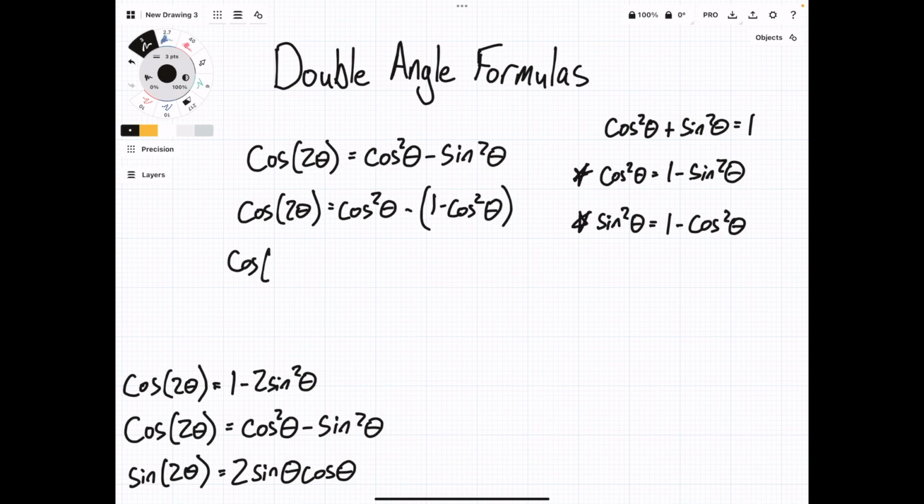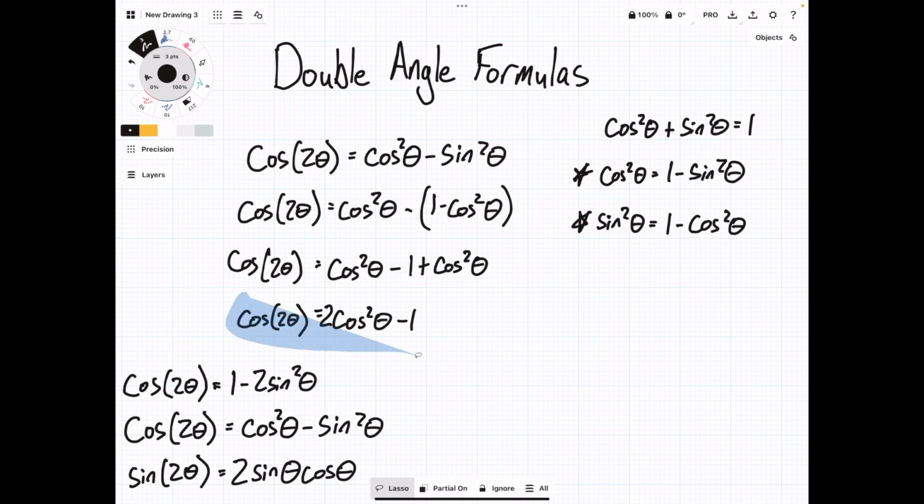Cosine 2 theta equals cosine squared theta minus 1 plus cosine squared theta. So we have to distribute that minus sign. On the right side here, this becomes 2 cosine squared theta minus 1. And this is our third double angle formula for cosine. So put that over here.